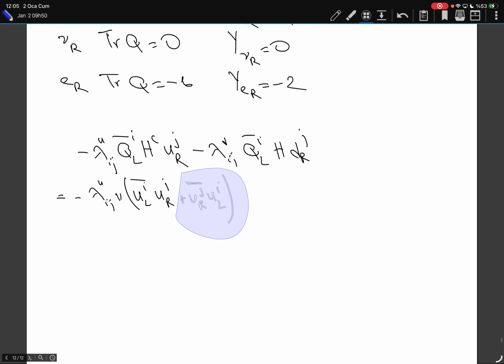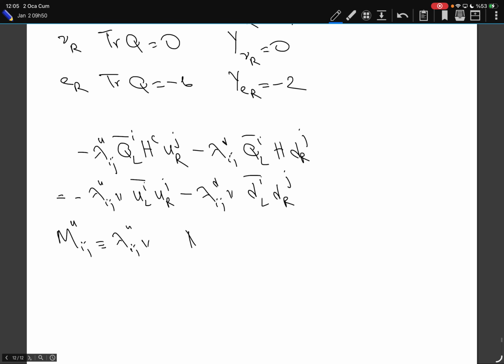Plus the Hermitian conjugate, and then I have minus lambda_ij^d v_d Q_L^i bar d_R^j. Let me define these matrices: M^u_ij as lambda_ij^u times v, and M^d_ij as lambda_ij^d times v.